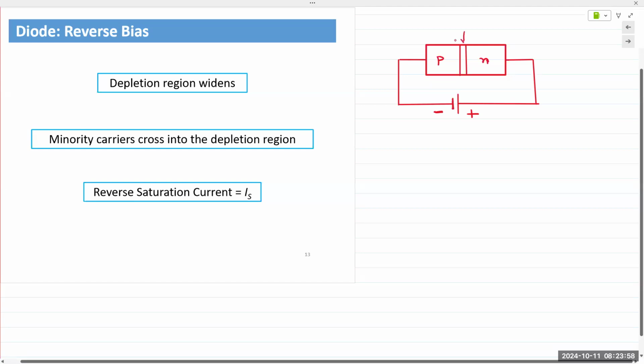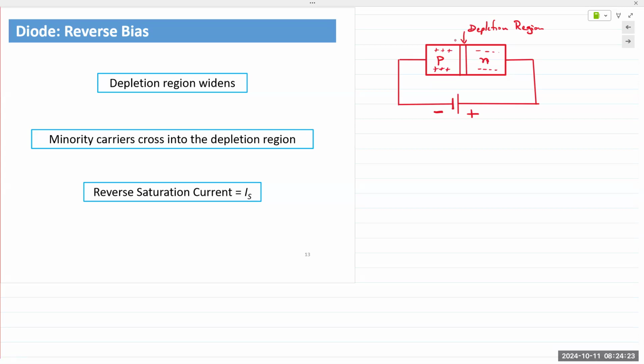Here, this is the depletion region. And you have, of course, an excess of holes on this side and electrons on this side as the majority carriers. But right near the depletion region, the space charge region, we have ionized donor atoms and ionized acceptor atoms.